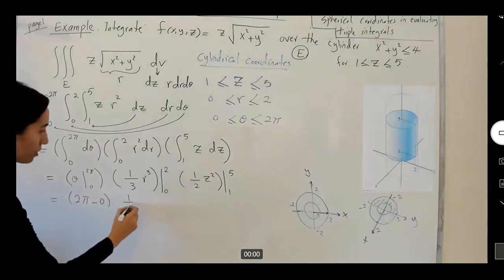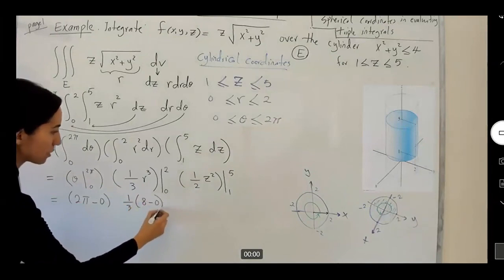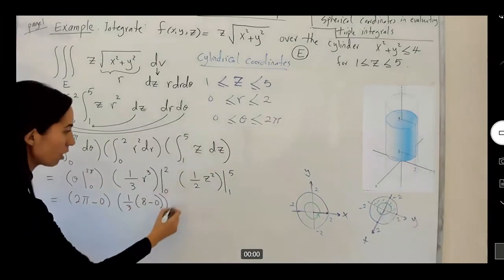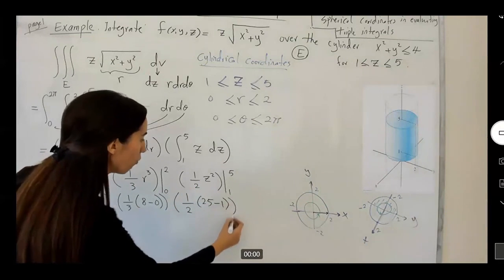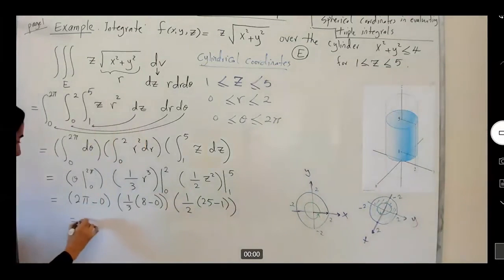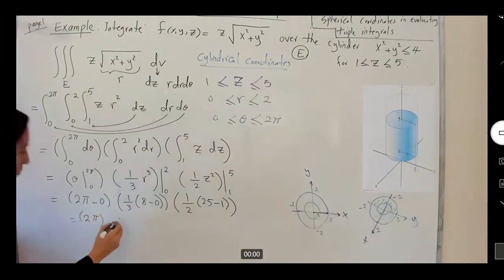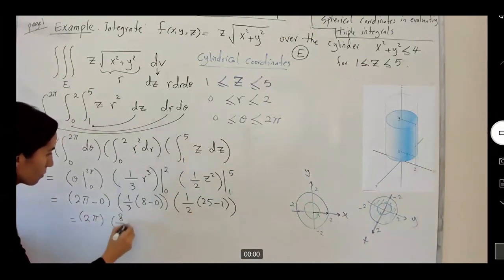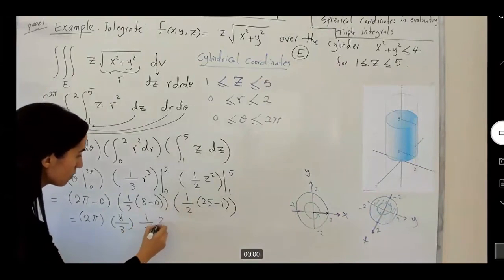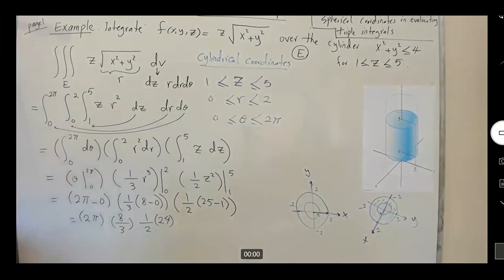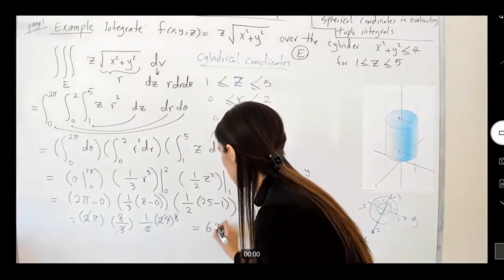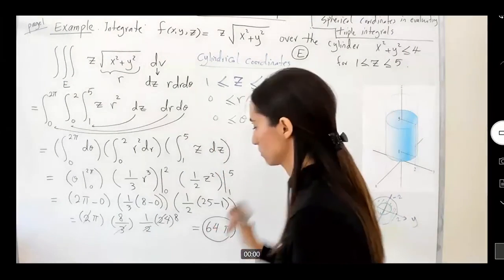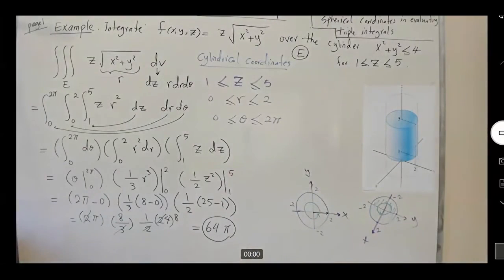And here I have a third times 8 minus 0, times a half, times 25 minus 1. Okay, I get 2 pi times 8 over 3 times a half times 24. Okay, 64 pi. Okay, guys, take your time.